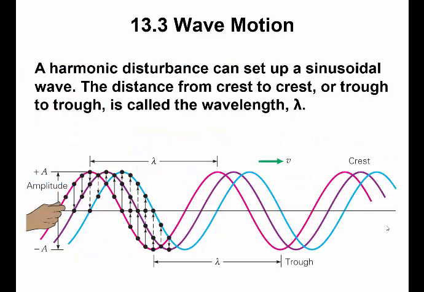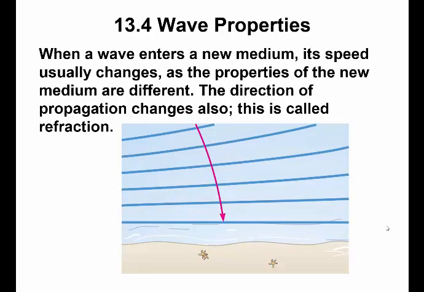Here we have a similar case again from what we saw in that PhET simulation, where we have a harmonic disturbance, where we set up a sinusoidal wave, and we have a wavelength, and we have velocity, and we have amplitude. This is exactly what we saw with that scenario.